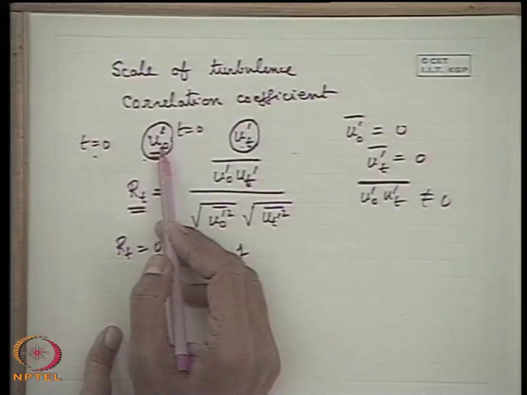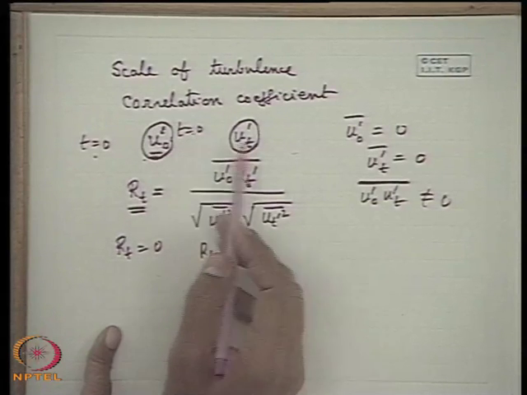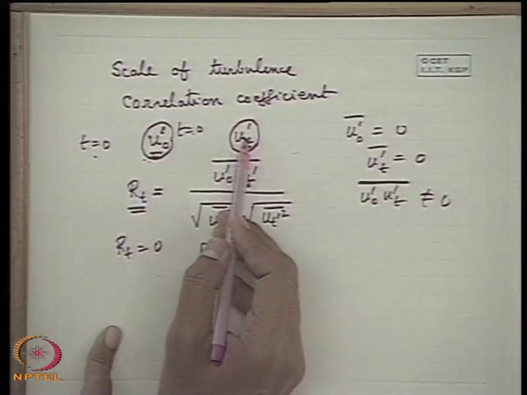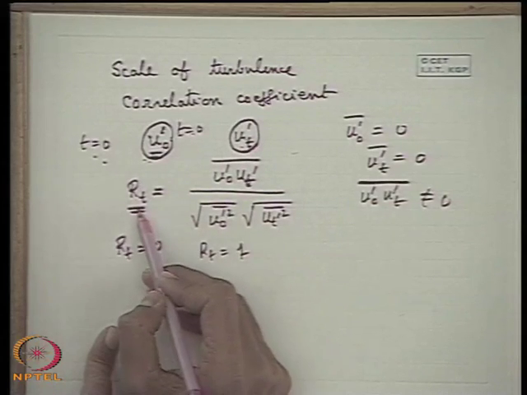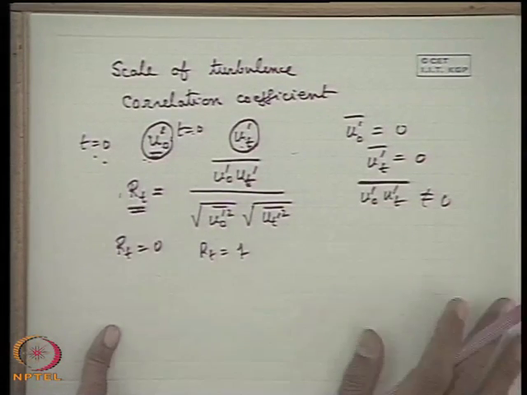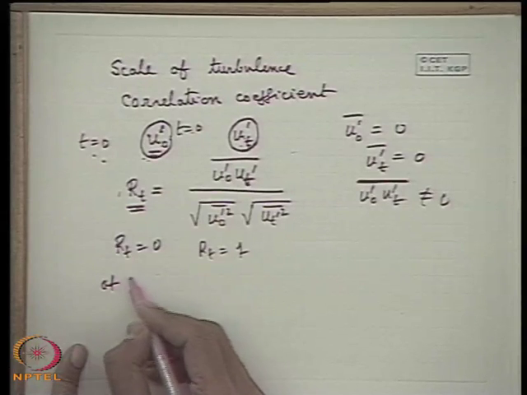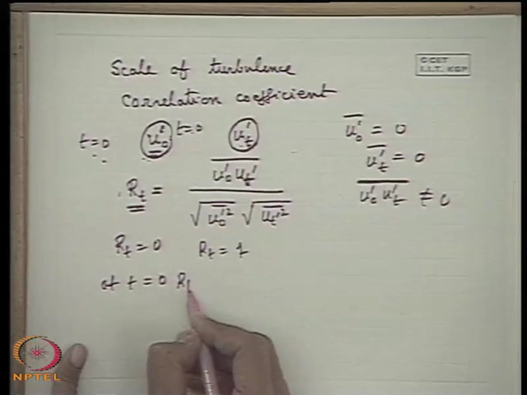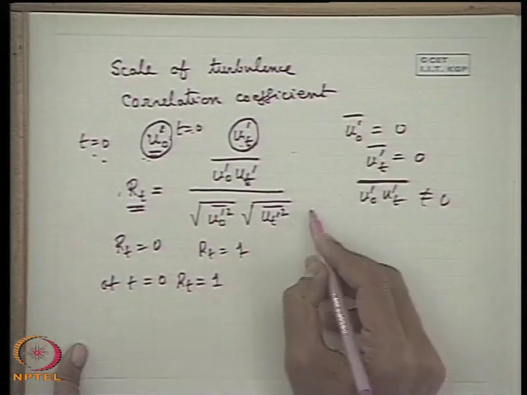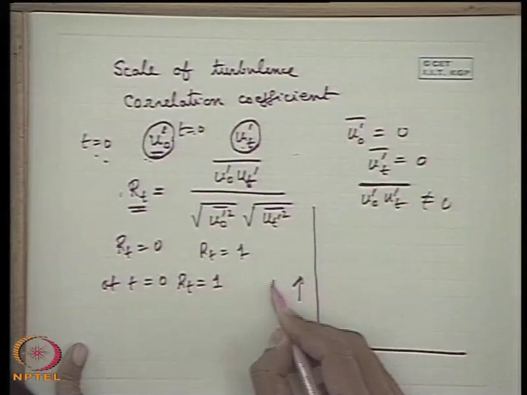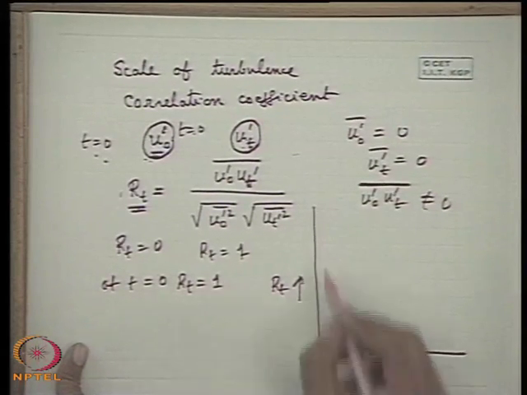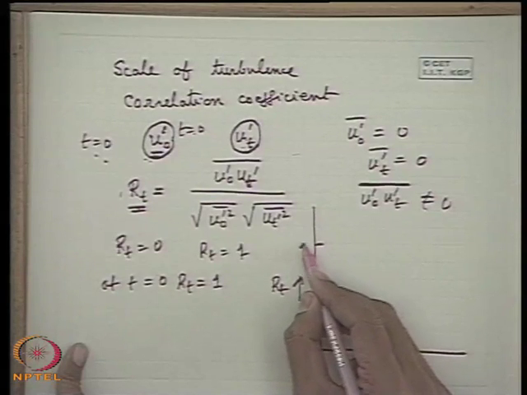So, this is given by this correlation coefficient. Now, at t is equal to 0, there is full correlation, RT is equal to 1. So, therefore, if we make a graph of this RT with t, we will see that at t is equal to 0, the correlation is 1.